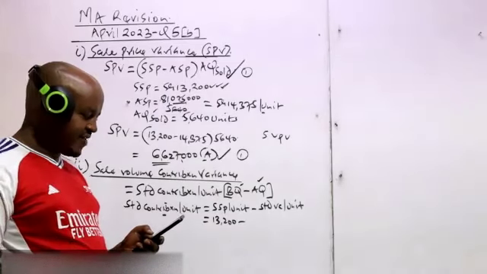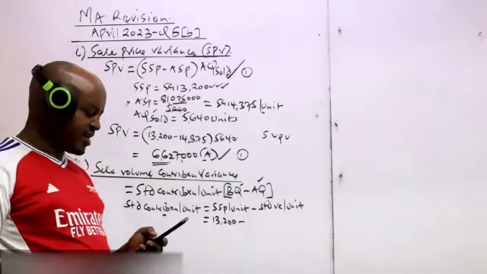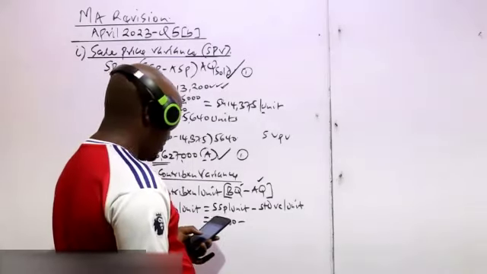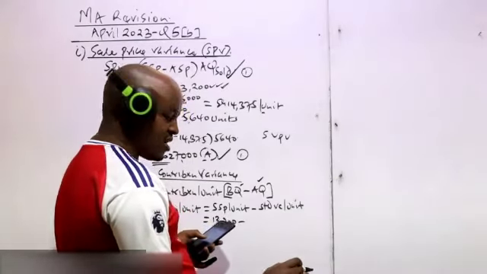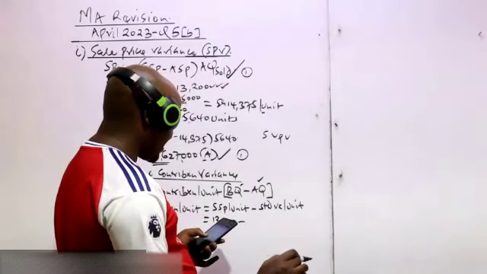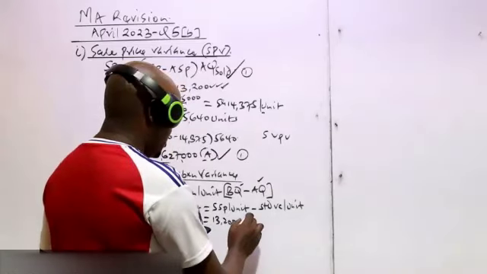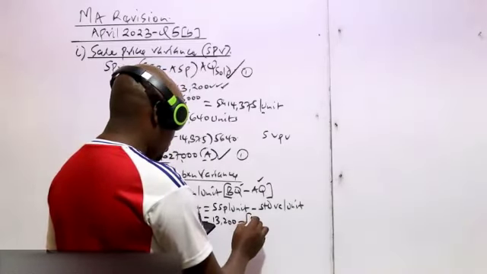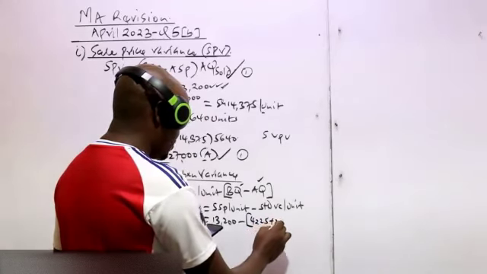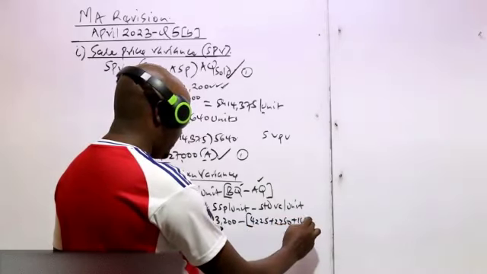So what we need to do is basically add all those figures: the standard direct material cost, standard direct labor cost, and the standard production overhead. We have 42.25 plus 23.50 plus 16.75.